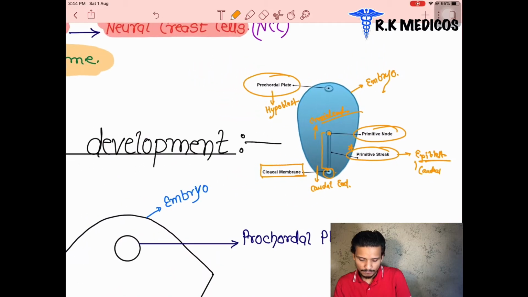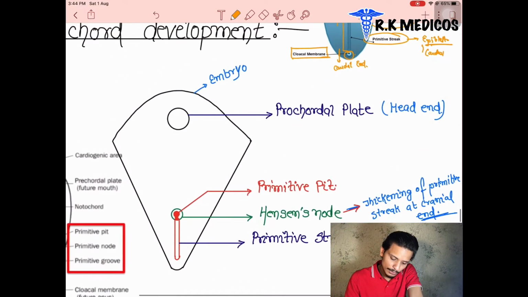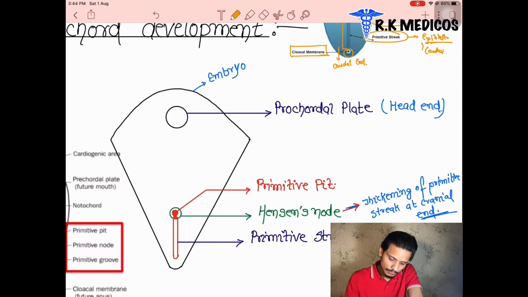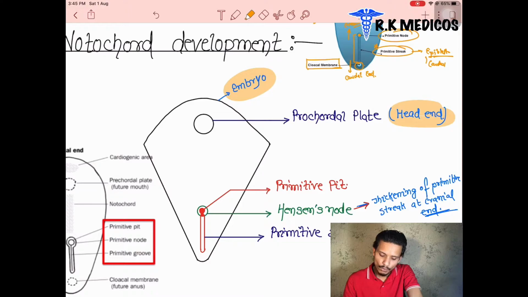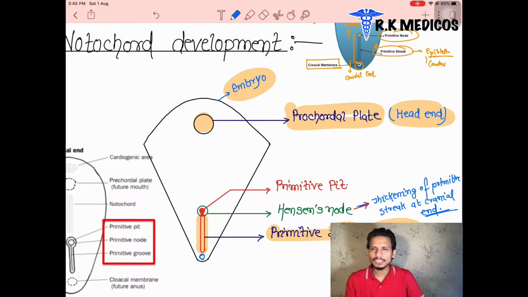Now you can see in this picture the same is happening. This is the embryo, the whole structure. Inside the embryo there is a head end and a tail end. The head end is basically the prochordal plate, and the whole structure here is the primitive streak. Below the primitive streak is the cloacal membrane, which is going to develop in different regions, we will see later.